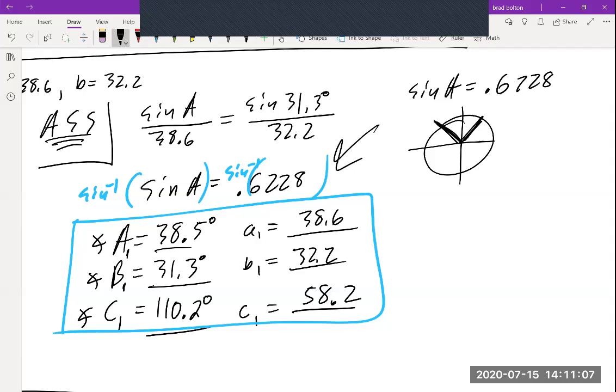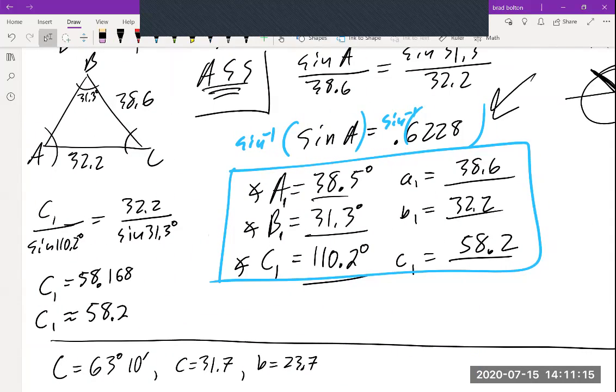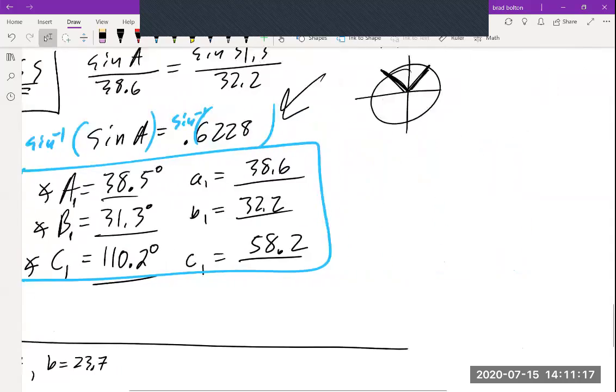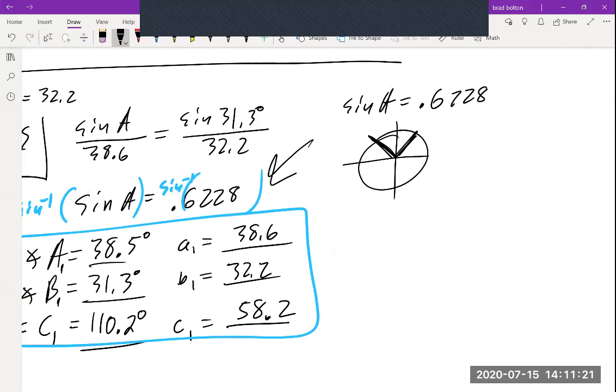So here's what you have to do. We found angle A to be 38.5 degrees. So I have to say 180 minus angle A, which would be 38.5 degrees, would give me 141.5 degrees.